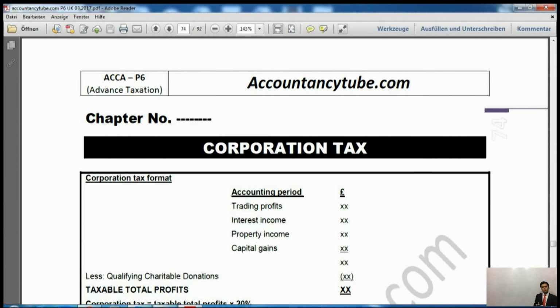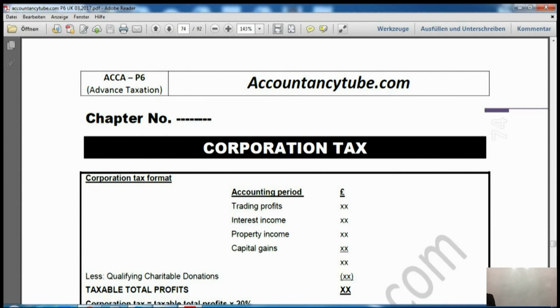Say for example, if you have taken a loan and you are not using that loan for trading purposes, then you have to deduct that interest out of the interest income, right? So that is called the non-trading loan relationship. I will tell you in a minute as well when we move to the interest income. It is called non-trading loan relationship.